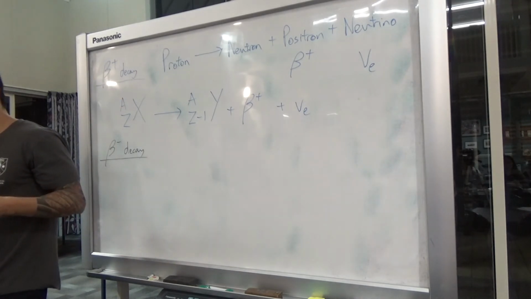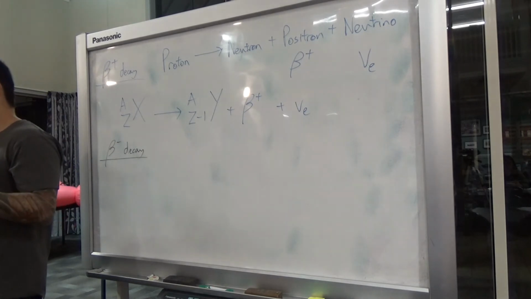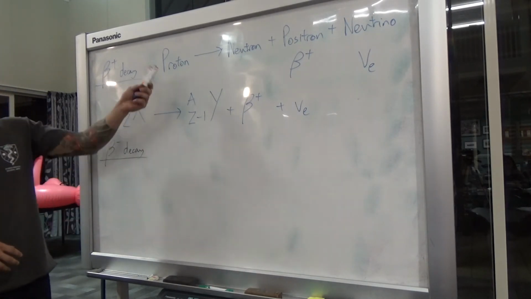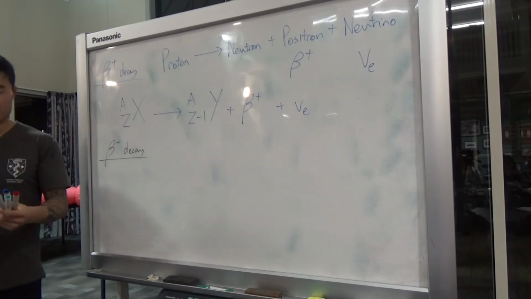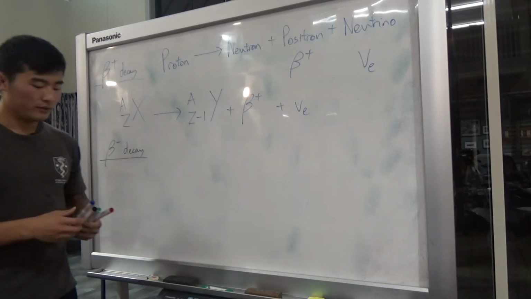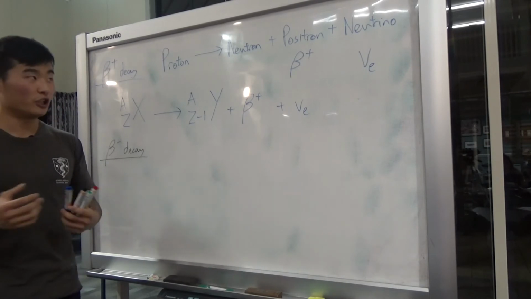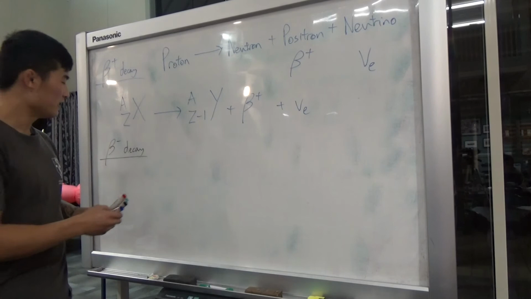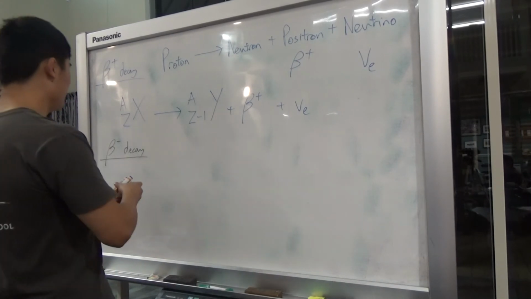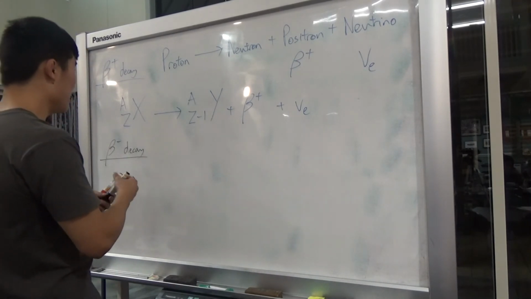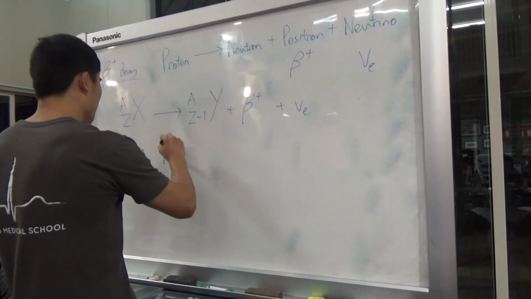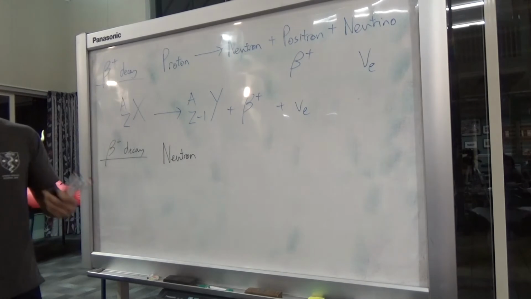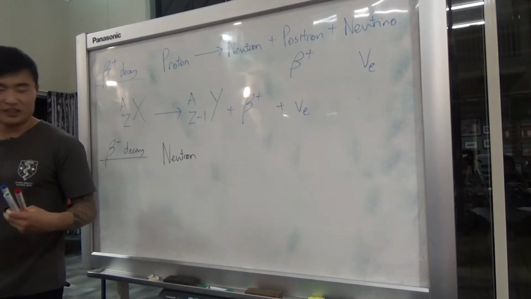Okay, so a proton and neutron is actually made up of positrons and electrons. So protons and neutrons can actually switch between being protons and neutrons by getting rid of either a positron or an electron. In beta minus decay, we have a neutron which says, I'm sick of being a neutron, I'm going to turn into a proton.